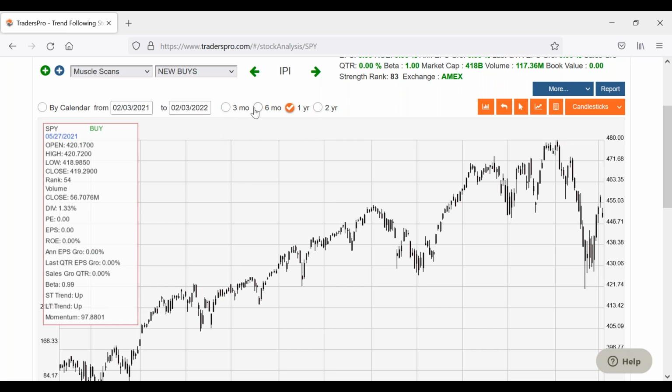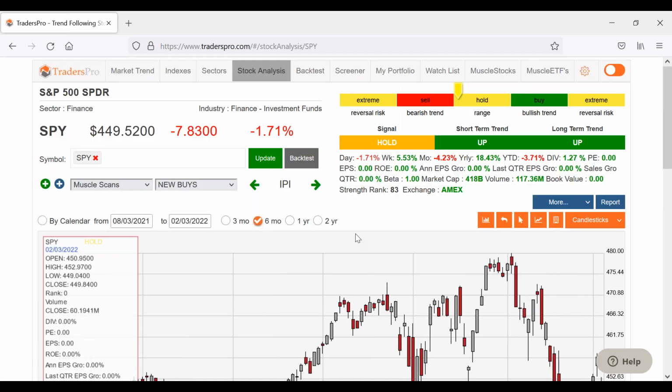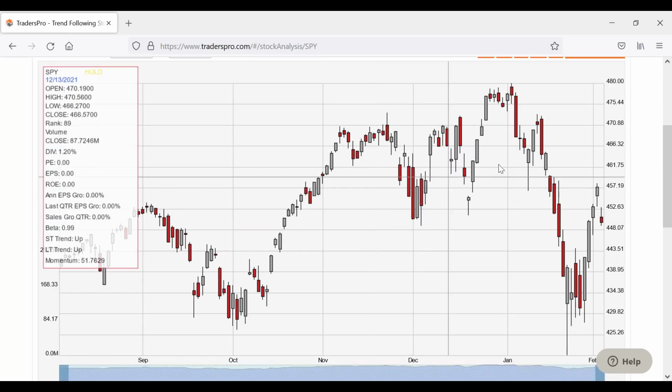Let's go back to our 6-month chart here so we can get a little more detail. So yesterday, we basically closed right at that low. We did clear one hurdle, and actually, really, this was close.